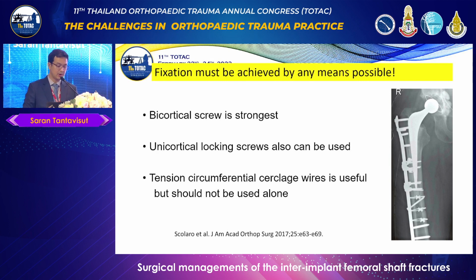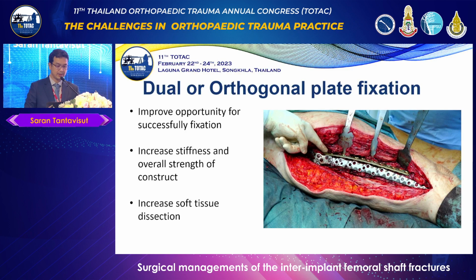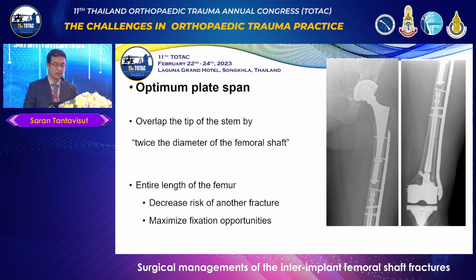You can use unicortical screws and tensioned circumferential cables to elevate the stiffness of your construct. Or sometimes you can go with a dual plate. If you think one plate is not enough and you have a better chance of stronger fixation with a dual plate, that is another option too, but you have to trade off with increased soft tissue dissection. And when you do it, try to have an optimum plate span to prevent future fracture.